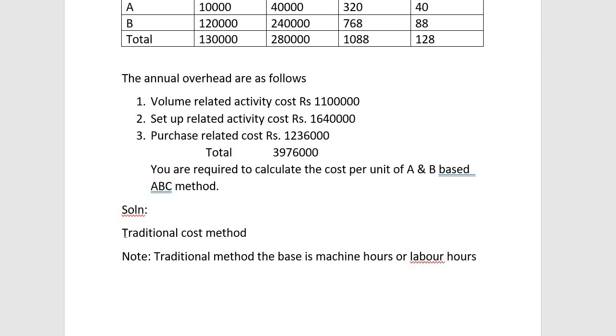So in traditional cost method, the base is the machine hours or labor hours.